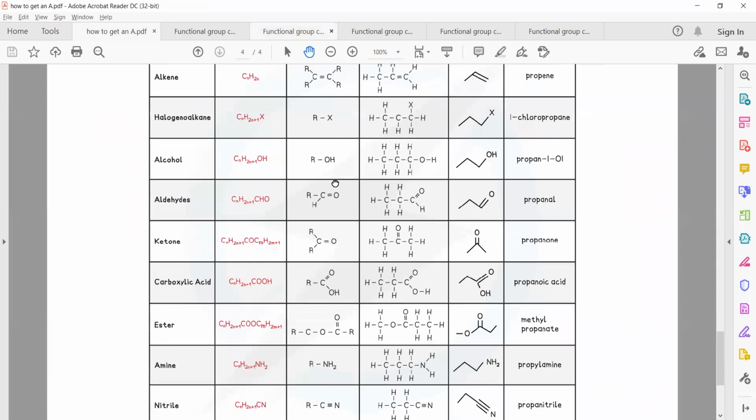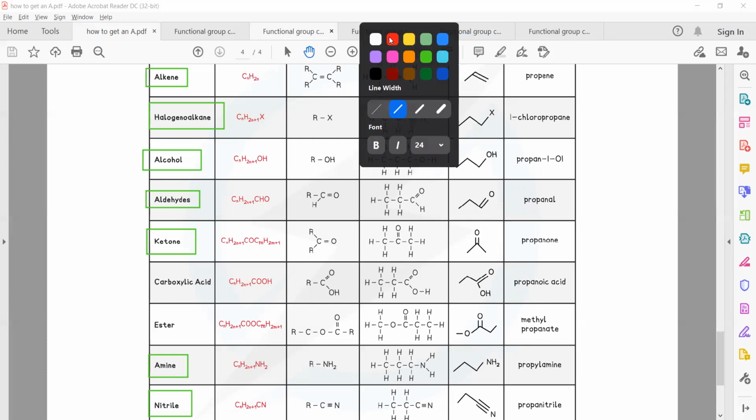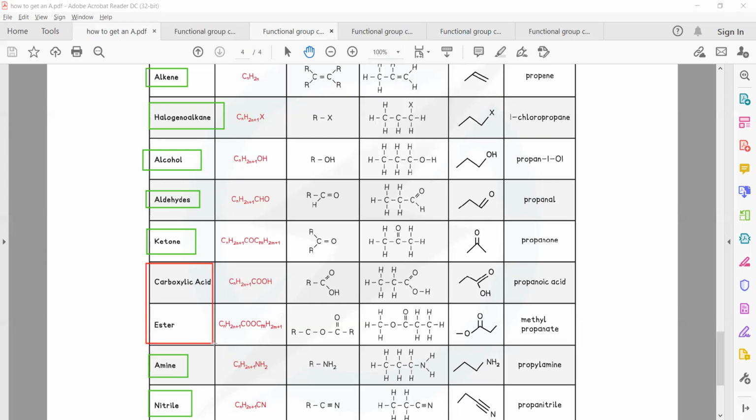We've seen alkenes, we've seen halogen alkenes, we've seen alcohols, we've seen aldehydes, we've seen ketones, we've seen amines, and we've seen nitriles. So quite literally the only 2 that we have to do still are carboxylic acids and esters. Cool. I'll see you guys in yellow.